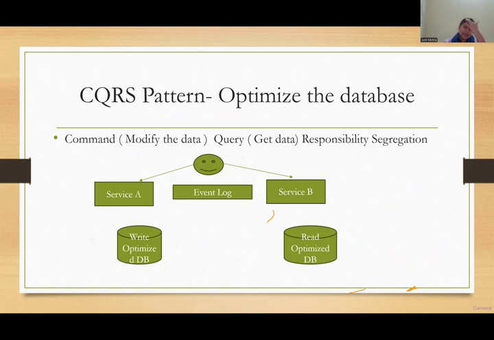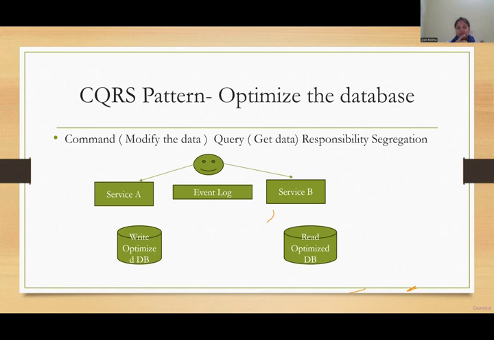Another pattern which arises from event driven architecture is your CQRS pattern. This is used to optimize your database, right? So what does CQRS refer to? Command Query Responsibility Segregation, wherein you are splitting your database in terms of query or command.